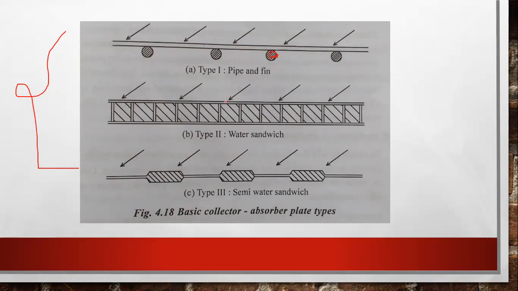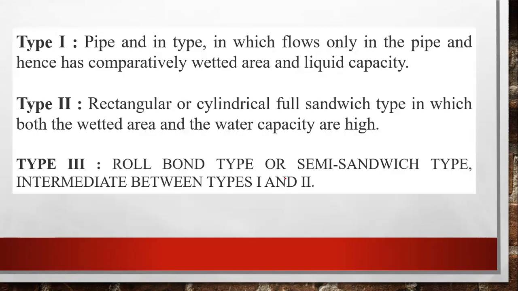Here, in the water sandwich type, you can see everything is congested and heat will be absorbed. Then another one is the semi water sandwich. Here some plates will be sandwiched and congested, and some will be flat, like this. In type 1, the liquid flows only in the pipe, and hence the wetted area and liquid capacity are comparatively low.